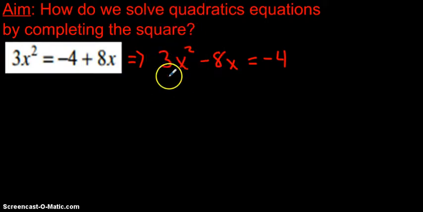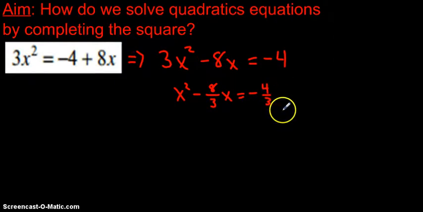So that'll make this x squared minus 8 over 3 x is equal to negative 4 thirds. Not pleasant to look at, but it doesn't change the fact that you can solve this quadratic equation without factoring if you complete the square.